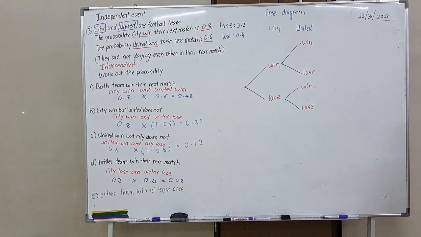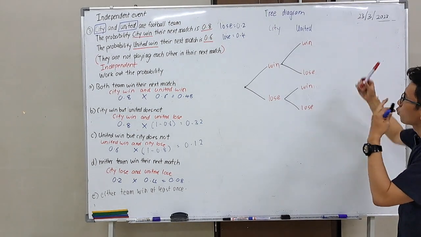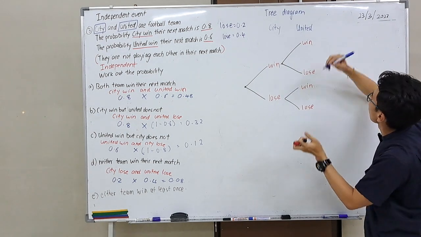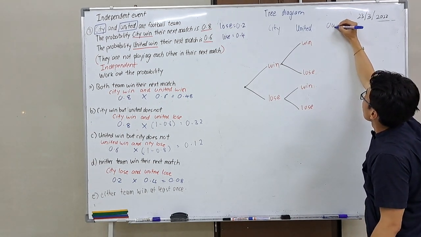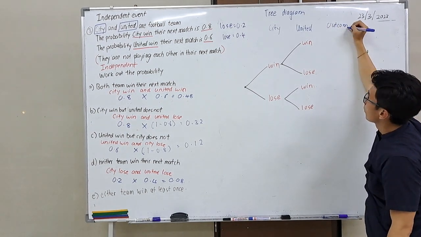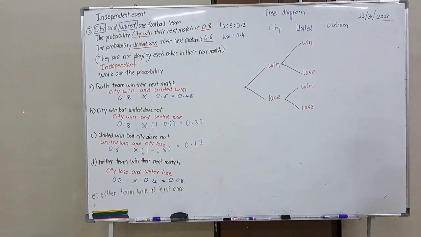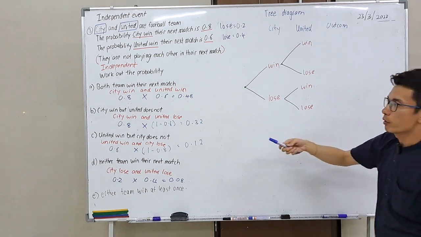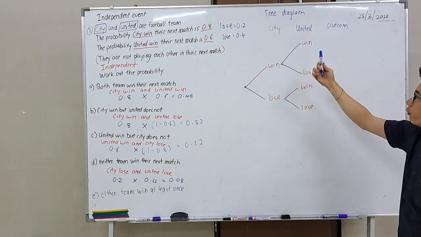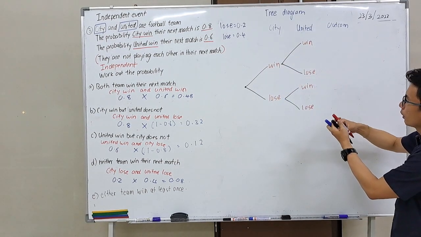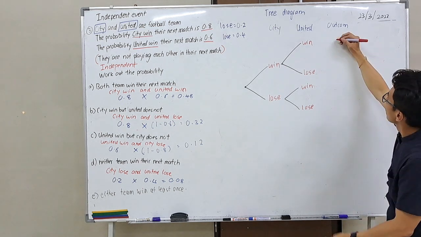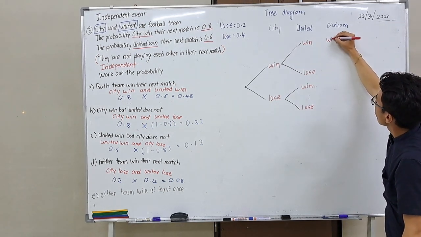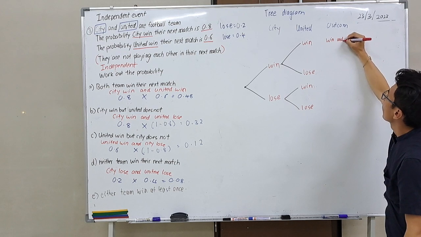All right, so what are the outcomes we see here? I'm going to write my outcomes. The first outcome is both teams win, which we have already calculated earlier, so I'm going to write win and win.